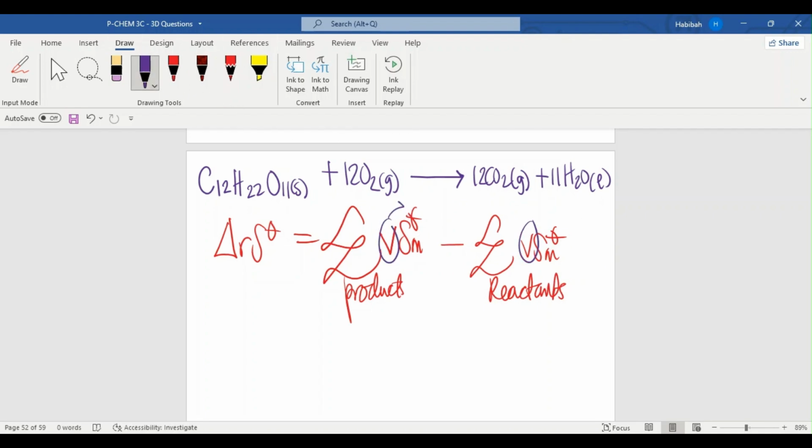This V value here is simply the coefficient of products. I did not say it in the first one because the information was not necessary, but it's going to be very necessary in this one. While this one that I'm writing is a coefficient for reactants. You're going to see why this is important soon.